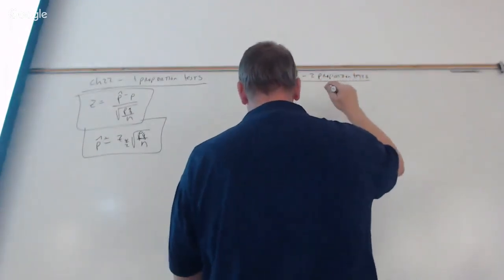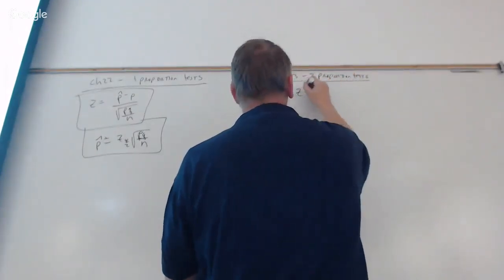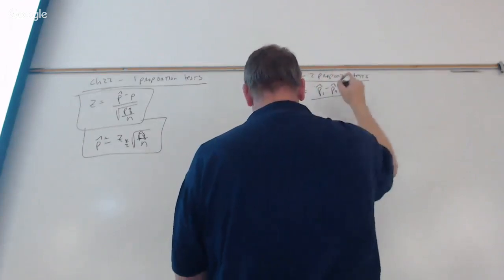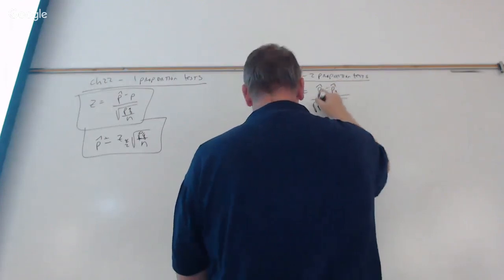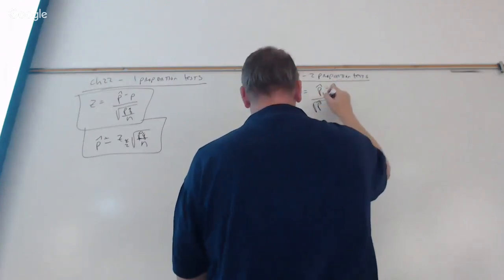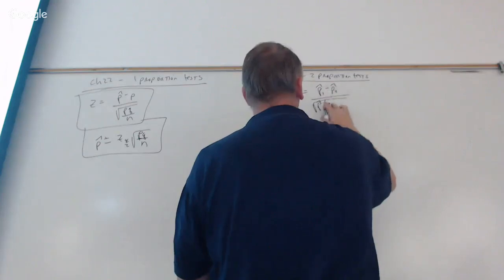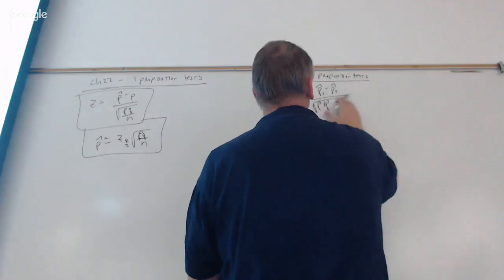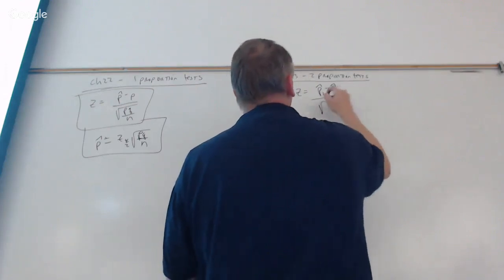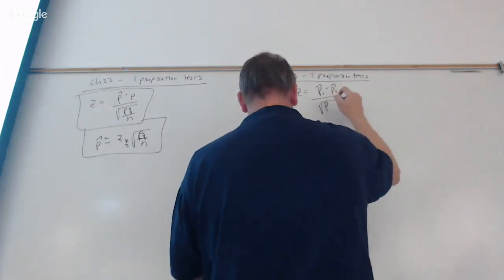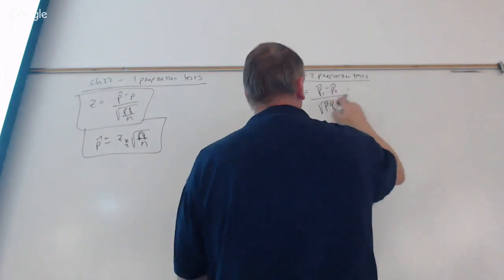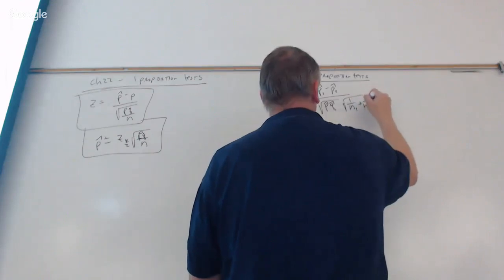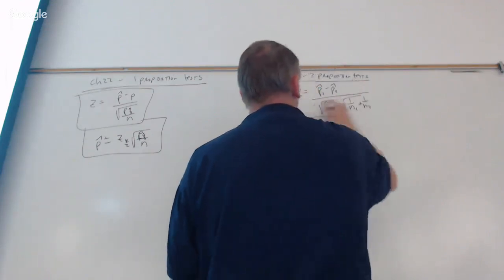For the two proportion z test, it's going to be z equals p1 hat minus p2 hat over the square root of p hat q hat times the square root of 1 divided by n1 plus 1 over n2. Okay?